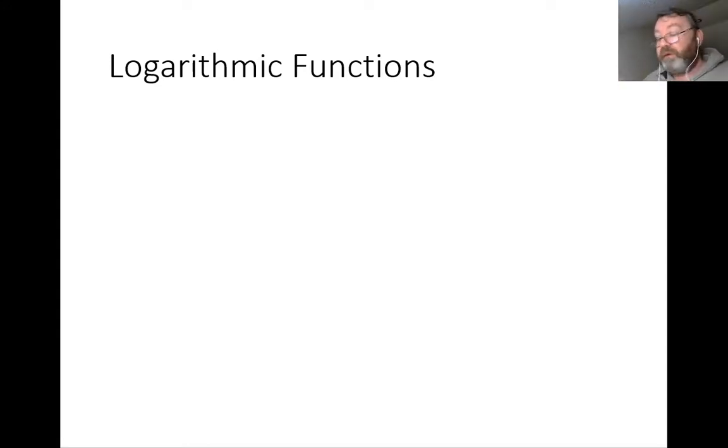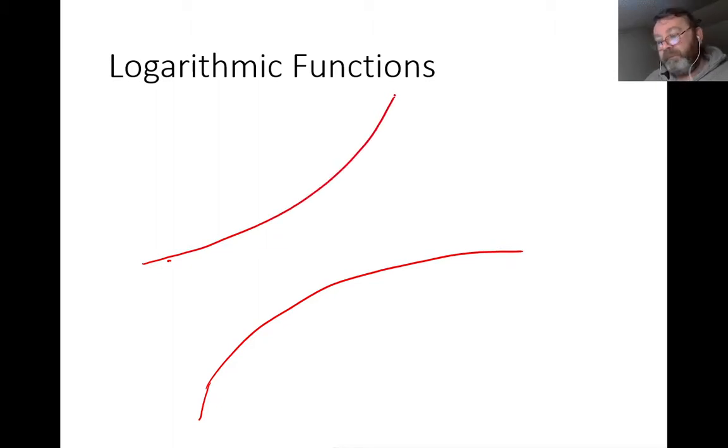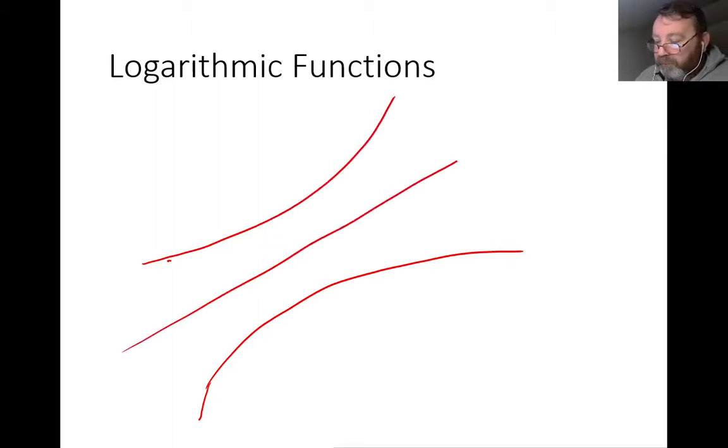If I was just to draw them very quickly, we would say that a logarithmic function looks something like this. So it starts off growing quite rapidly, then it kind of tails off. Whereas an exponential function is something like that. Now, if I draw a line between them, you get what's called symmetry. In other words, they are related to one another through symmetry.